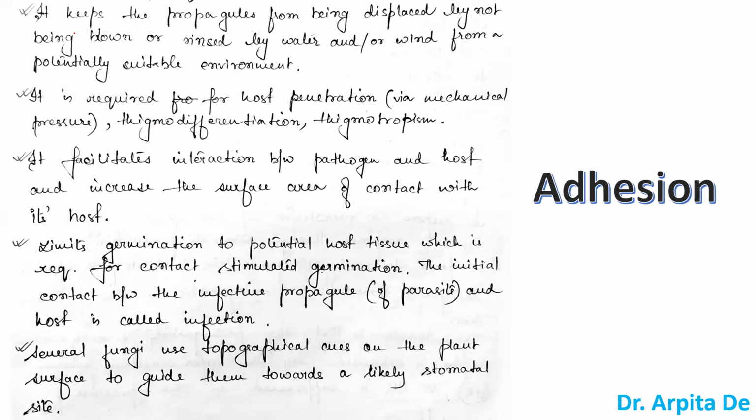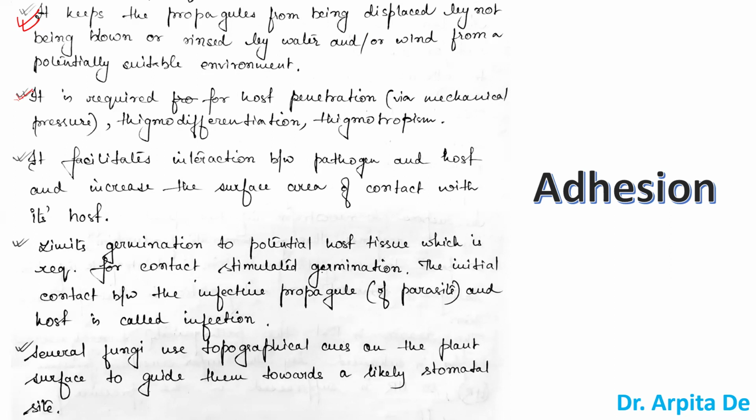If we take them one by one, it keeps the propagules from being displaced by being blown or rinsed by water from a potentially suitable environment. So adhesion should be firm enough. The propagule should not be blown or washed away.